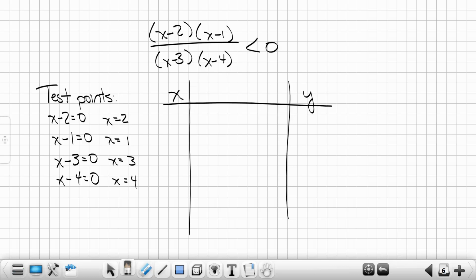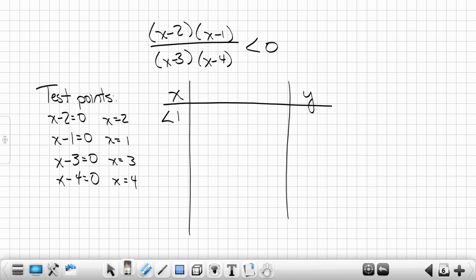So let's go in order. What's my lowest number? 1. So I'm going to go less than 1, right? If I plug in something, now this is all mental math. Be okay with that. Destiny, you're going to be all right. We're going to pick a number less than 1.